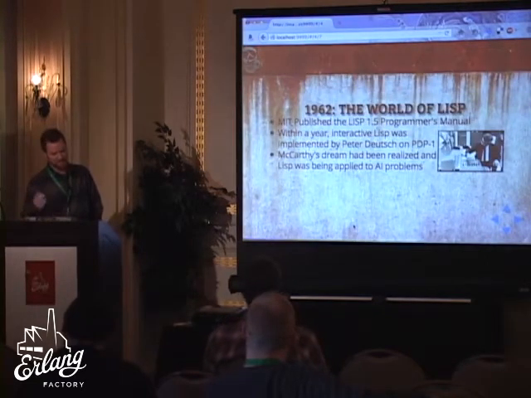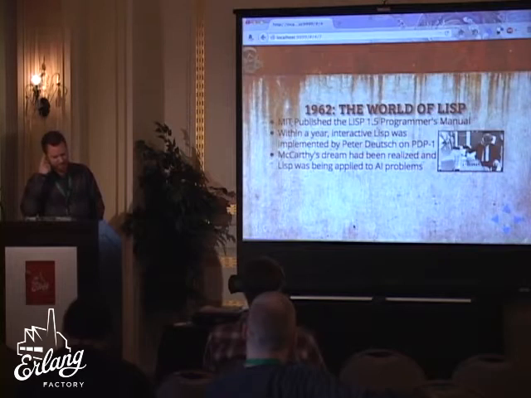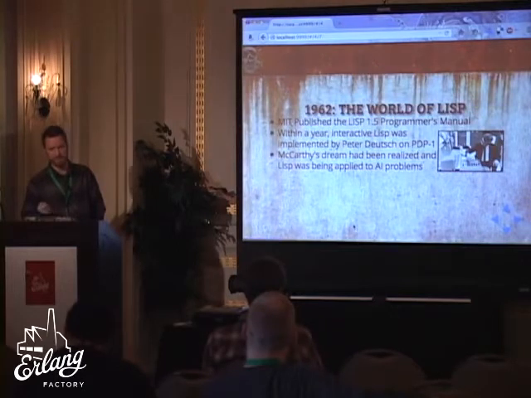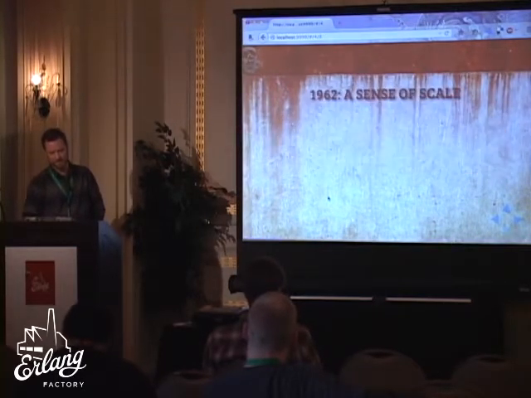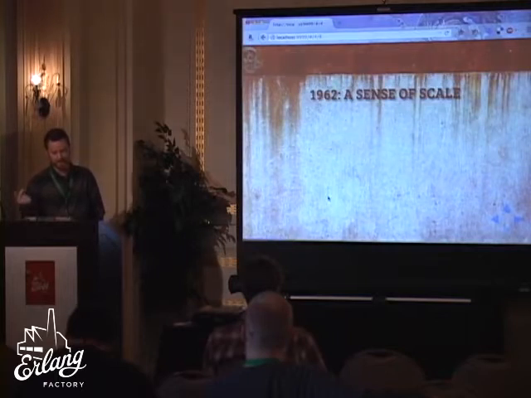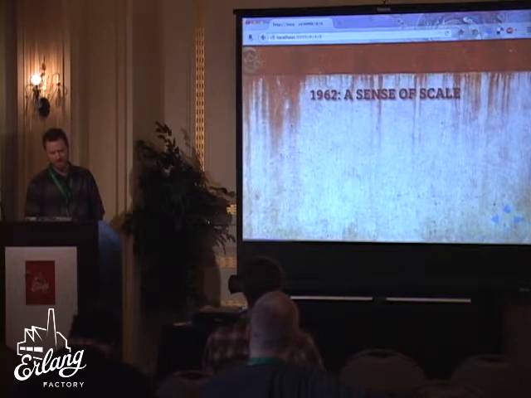So in the world of Lisp '62, we just published the 1.5 manual. Within a year, Lisp was implemented on a PDP-1, and they were already doing AI problems. That was the whole purpose of what McCarthy had wanted to do, was really solve some of the tricky AI problems. To give you a sense of scale, this is a very different technological world than the one we live in now. ENIAC was a press sensation in 1946.